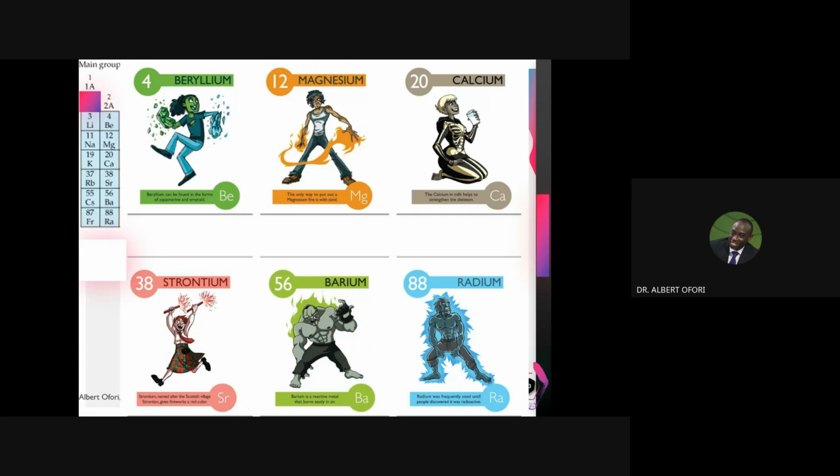Now, look at calcium. Calcium is this nice lady showing the bones. Our structure, our shape, our form is basically because of bones, and bones are made up of calcium and a little bit of magnesium. Calcium is very crucial for our teeth and our bones, which give us the skeletal form that we have.